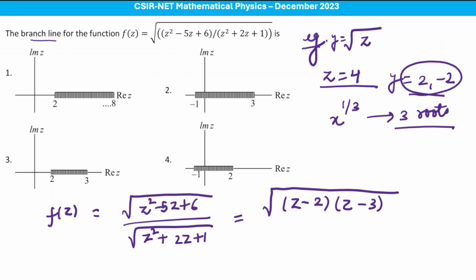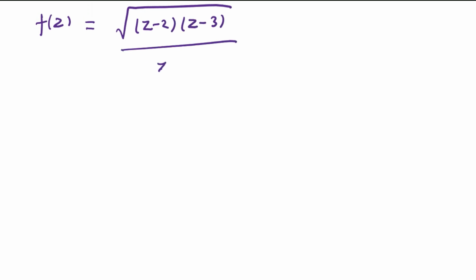You can multiply and check. This gives you z square minus 5z plus 6. And this is the whole square of z plus 1. So it is nothing but under root z minus 2, z minus 3 upon z plus 1.